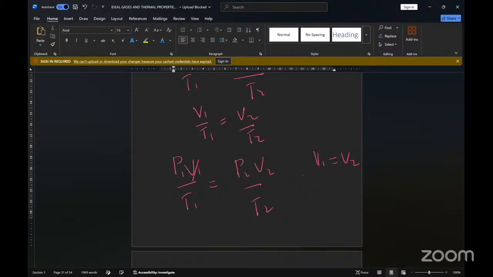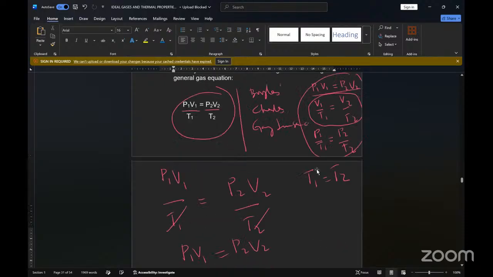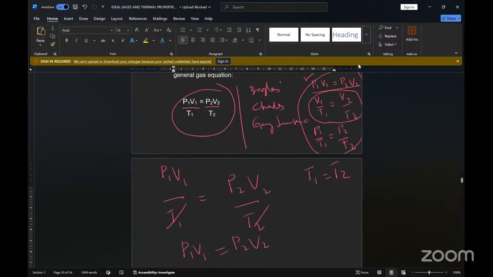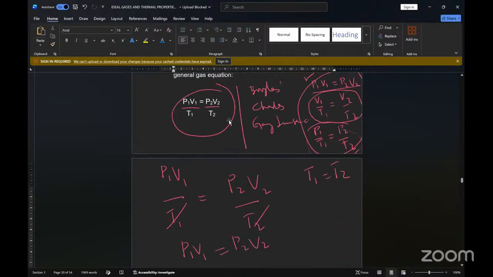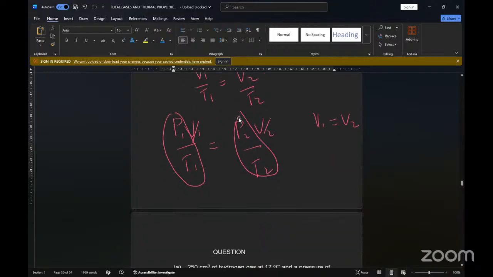So this one cancels that, and therefore you are going to have only this and that, which is the same thing as what you learned before: P1 over T1 is equal to P2 over T2. So it means that this formula is actually workable. It's not our imagination. It's a real combination of all the gas laws.